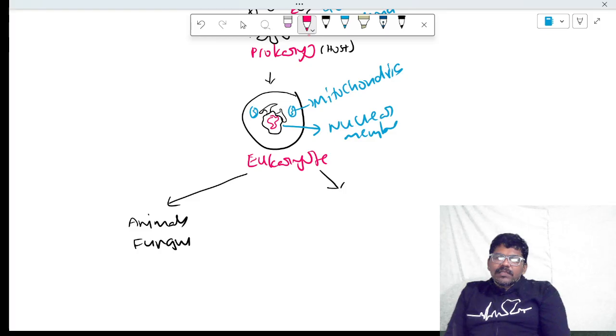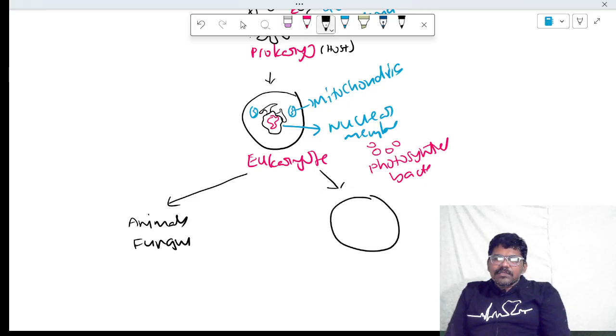Now, there is another bacteria which does photosynthesis. The photosynthetic bacteria also enter into these cells. The photosynthetic bacteria can do photosynthesis, and that photosynthetic bacteria is converted into chloroplast.